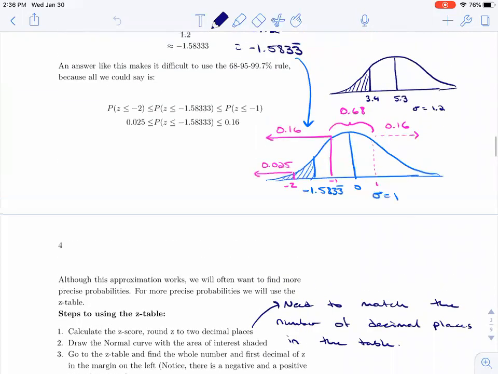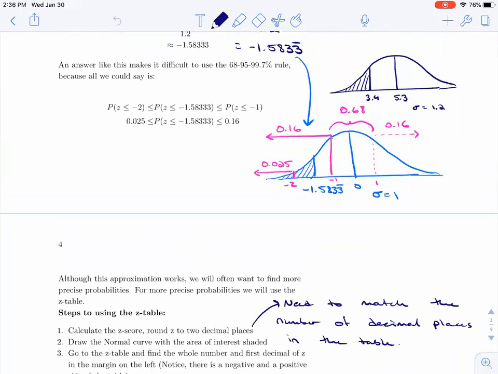Looking back, this area is 0.0571, which is between 0.025 and 0.16. That's true, but it's way more precise. So the Z table is the way to go if you want more precise values.